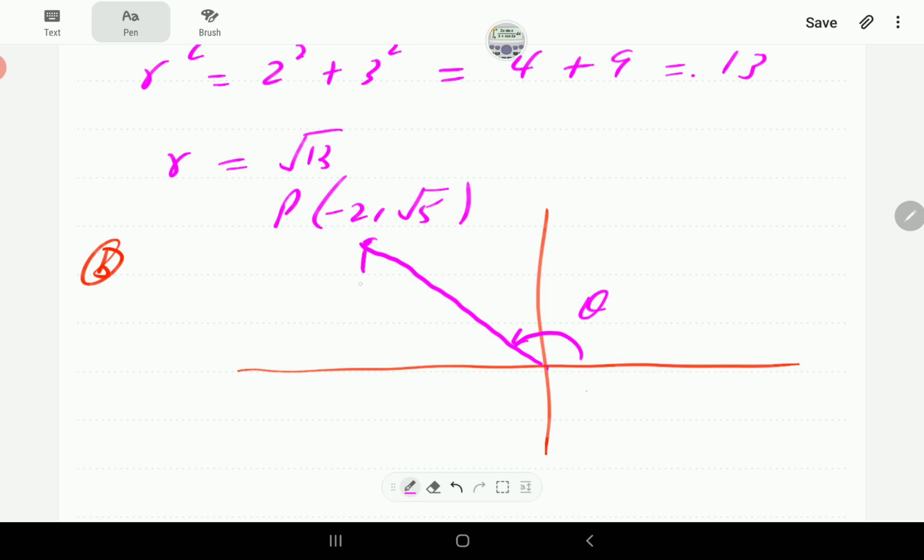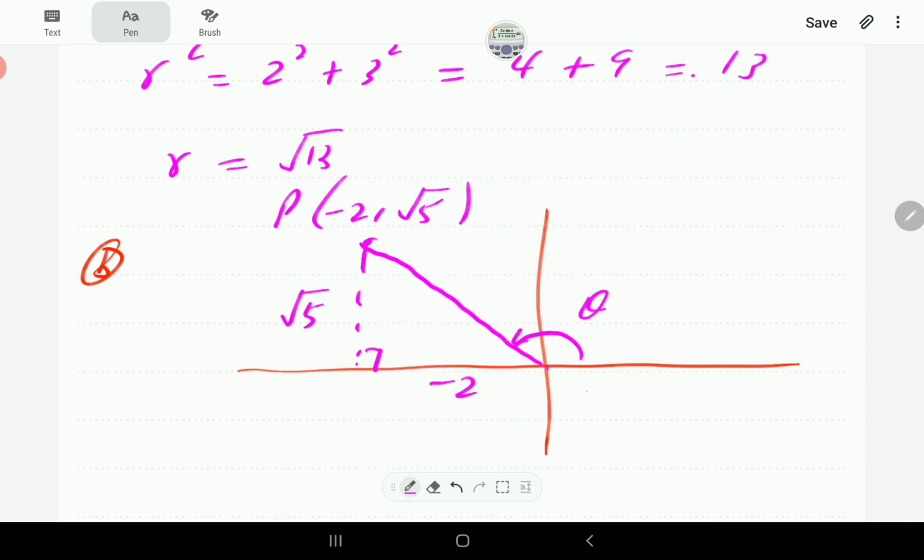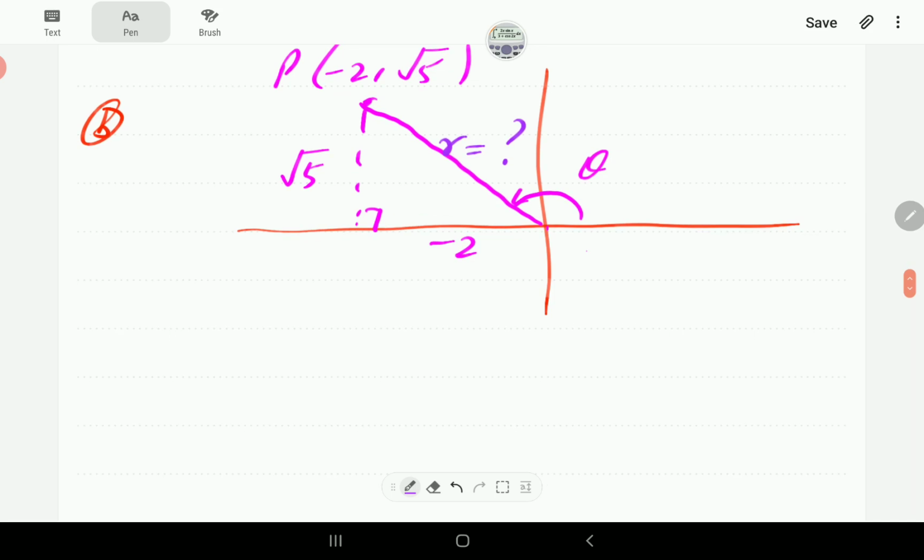However, we need a right-angled triangle here. So this side is going to be negative 2 and this side is going to be root 5. We need the value of r, the hypotenuse. Again, by Pythagoras, r squared is negative 2 squared plus root 5 squared.